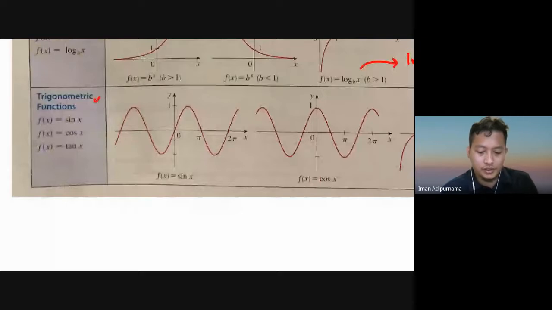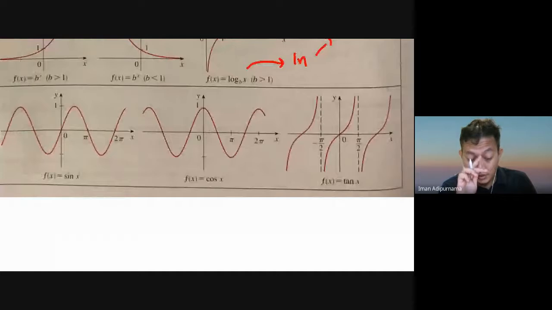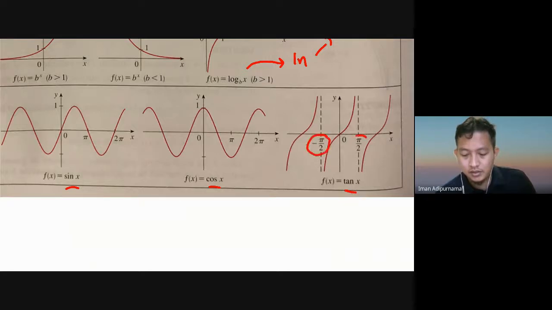And then trigonometric functions: sine, cosine, tangent. I think this is very basic, and you need to remember their behavior. For example, in tangent, you will see in this part it has an asymptote. I hope you still remember it has the asymptote.